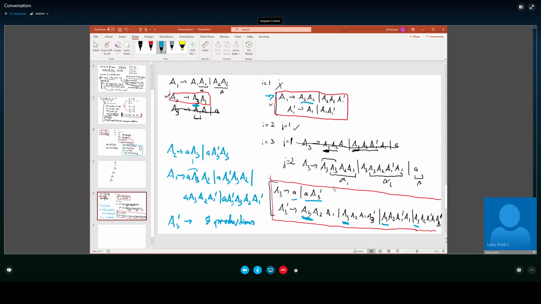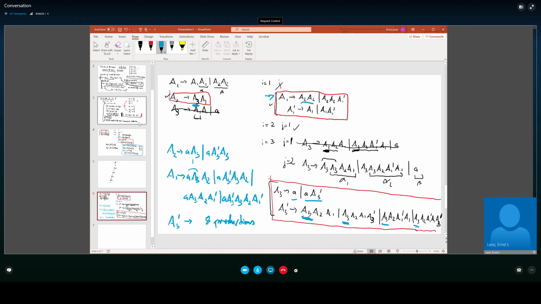Okay, so this is where you have your A3 prime, because the beta was the little a here, and then you had two alphas, alpha 1 and alpha 2. A3, A2, A1 was alpha 1. A3, A2, A1 prime A1 was alpha 2. And so what you have here is, this is your alpha 1. This is your alpha 1 followed by A3 prime.